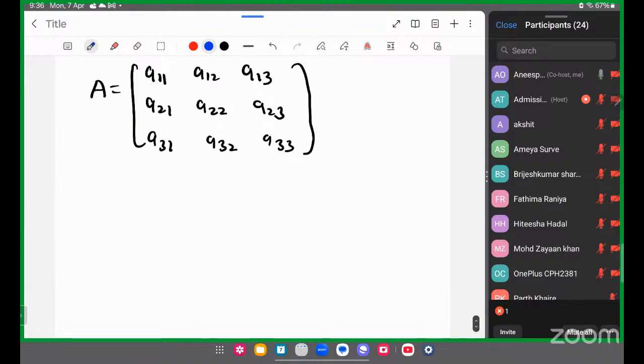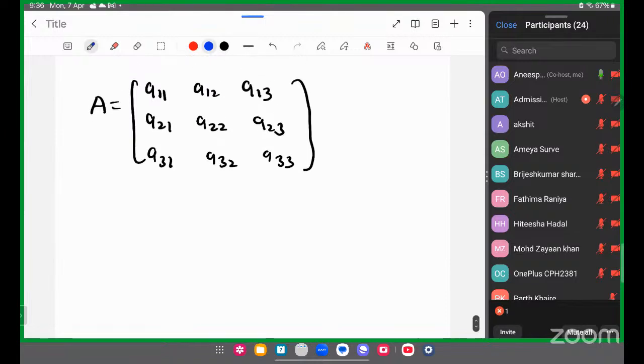We will start from the first element. So if I want the minor for the A11 element, this will be M11. And to find the minor, we delete the corresponding row and column. In case of the A11 element, the minor is M11, and to obtain the minor, we have to delete the first row and first column.